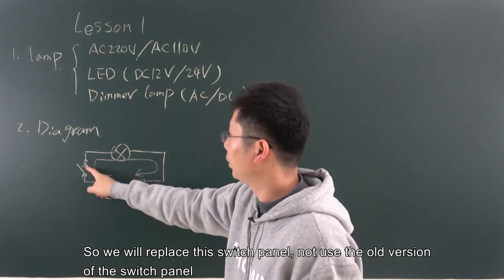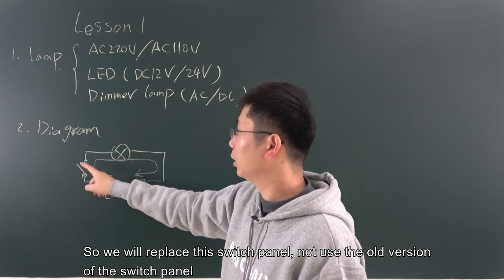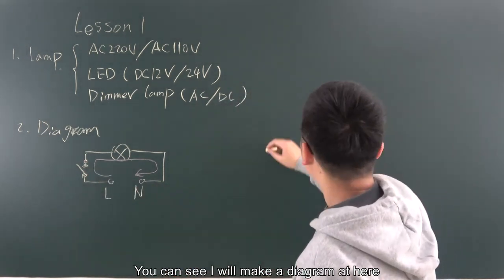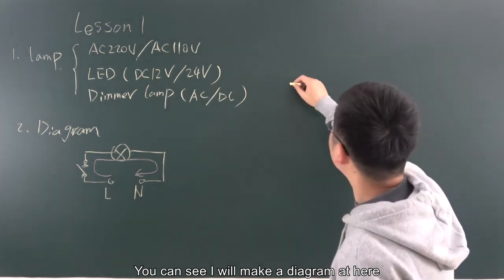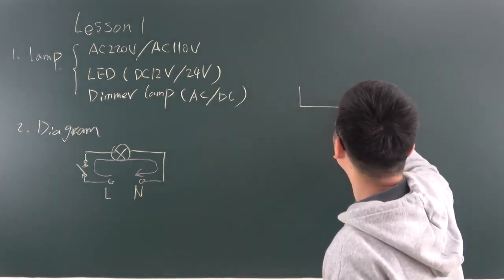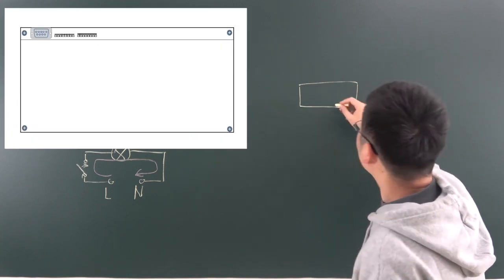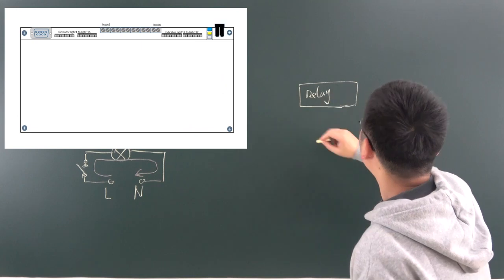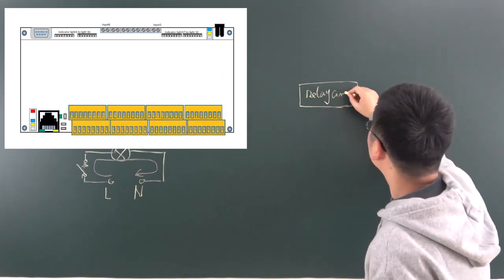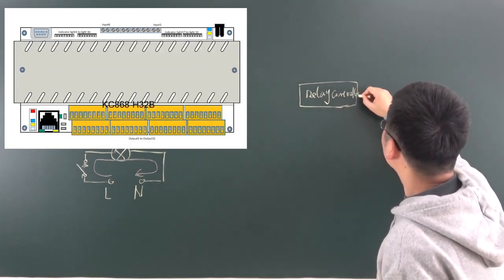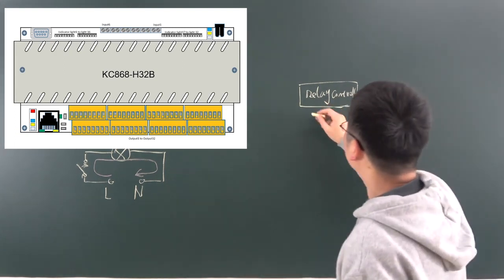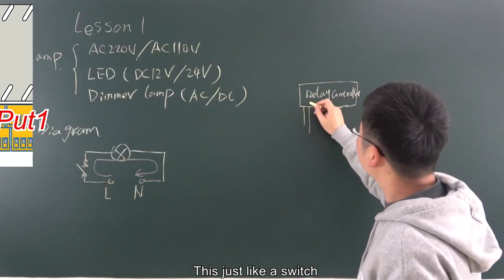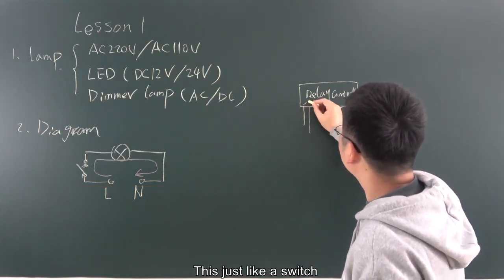So we will replace this switch panel, not use the older version of the switch panel. You can see I will make a diagram here. This is a relay controller, a relay. It has two output pins, and it works just like a switch.